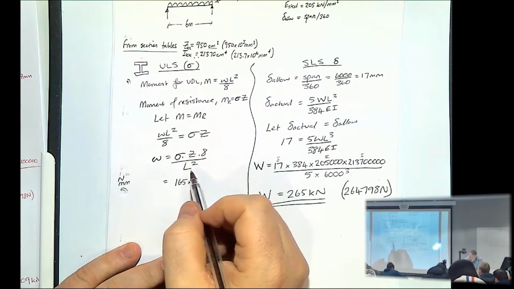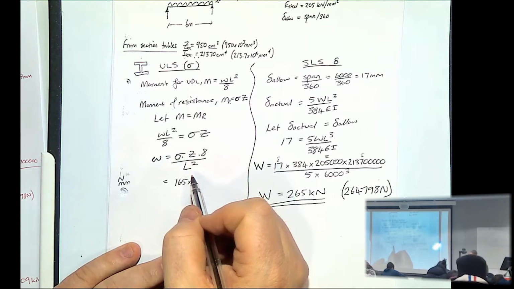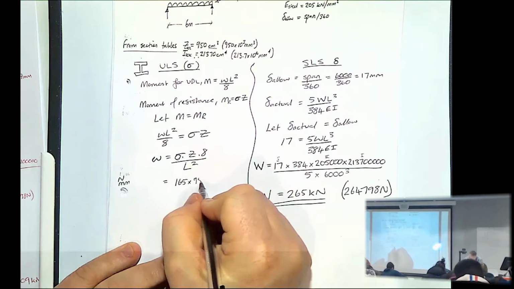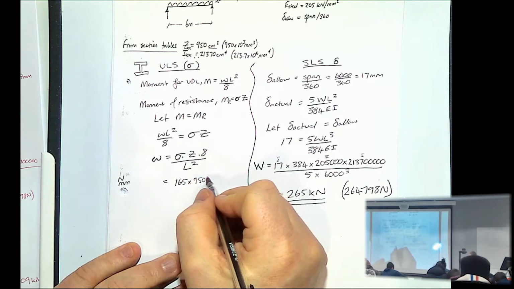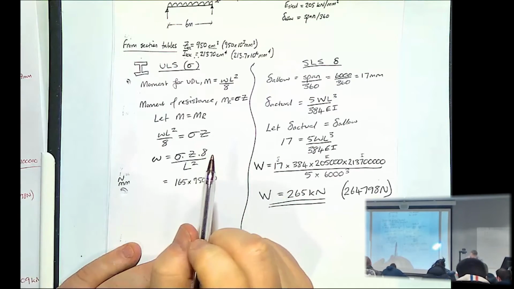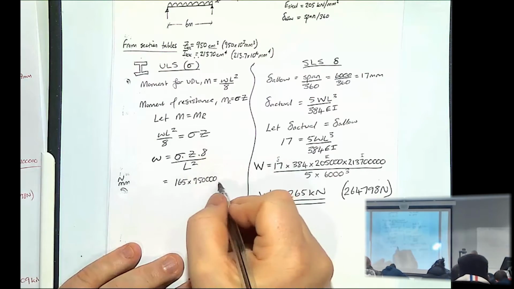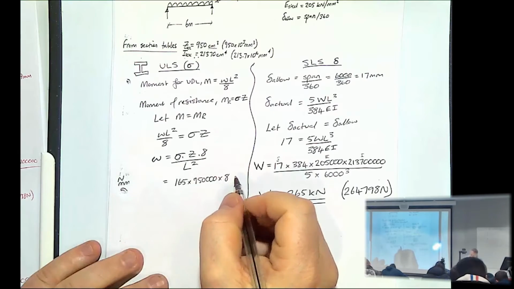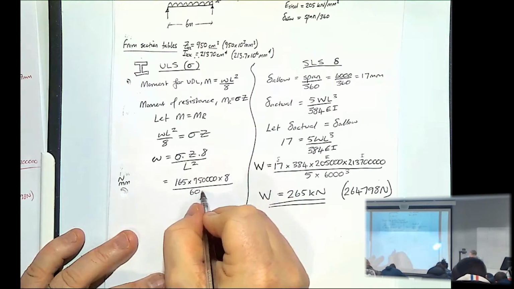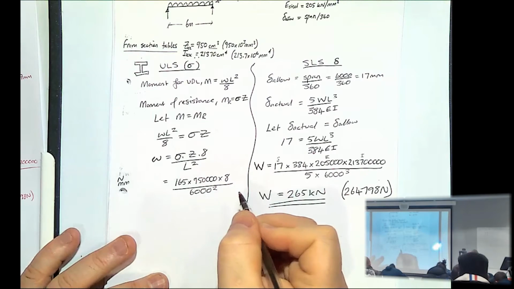My Z value, which I've got from the tables, is 950 times 10 to the 3 millimetres cubed, times that constant 8, and divided by our L, so it's 6 metres squared.